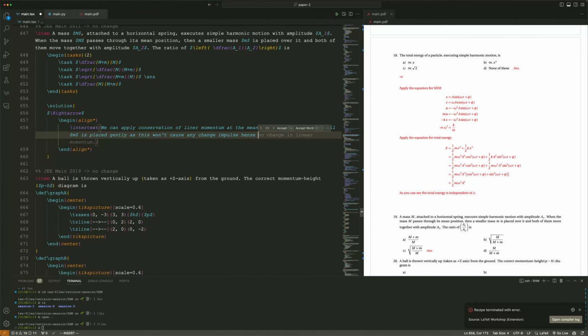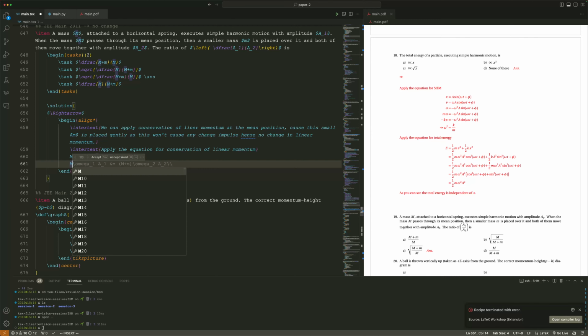mv1 plus mv2, yes that's right. And then mv1, and v1 is omega1 a1, right? And a1, yes right. I think we have to add one more thing in the text.